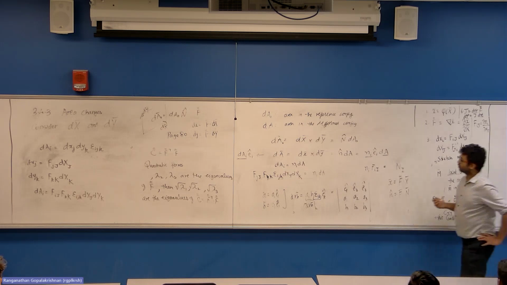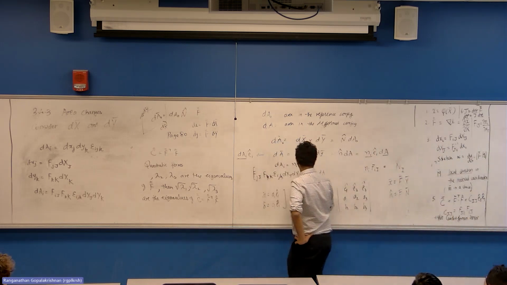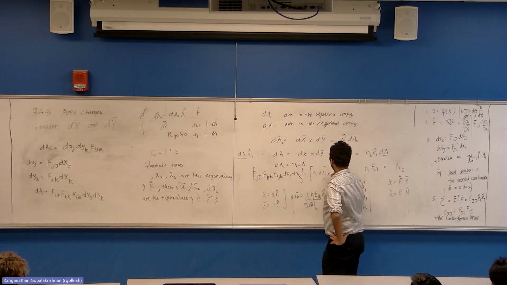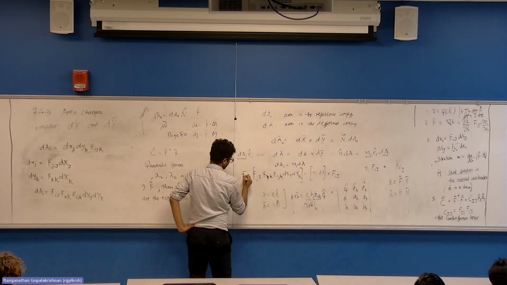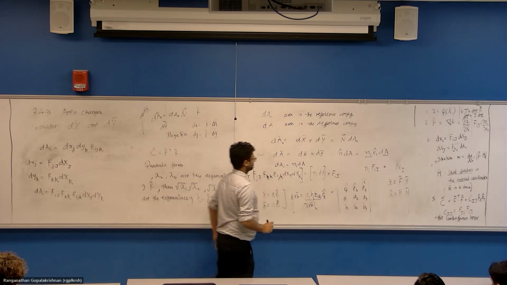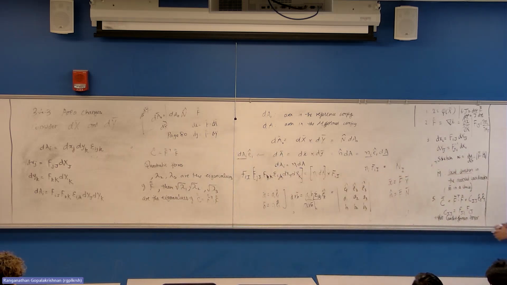Okay, so we multiply both sides by F_iI. Almost there.